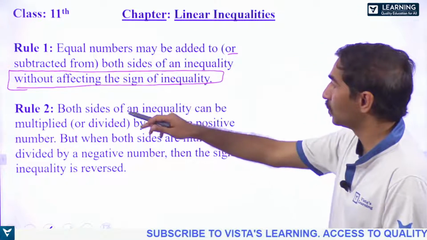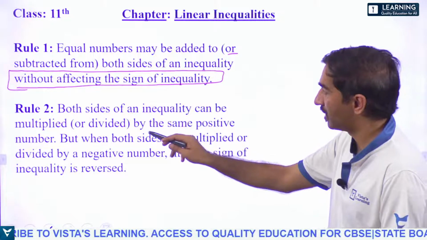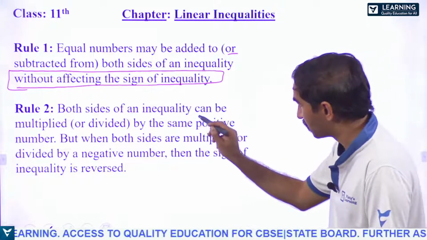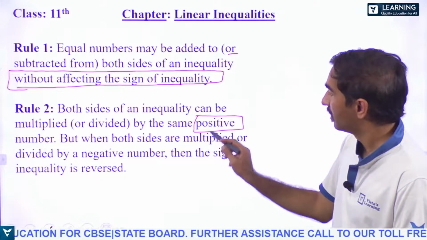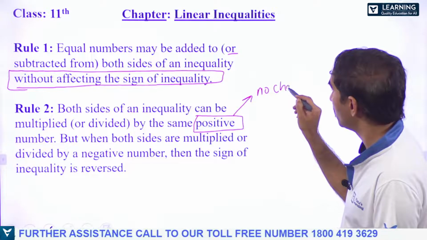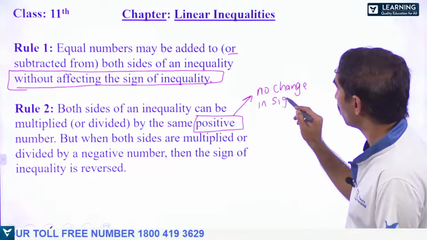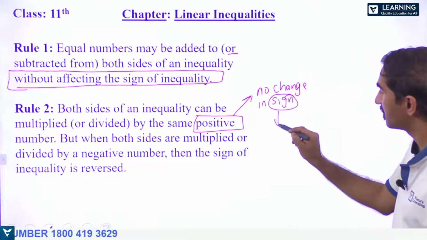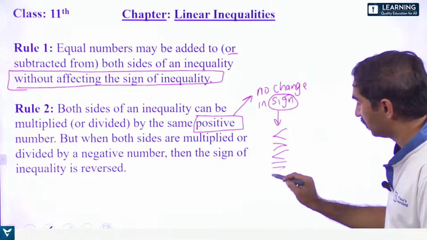Next, rule number 2: both sides of an inequality can be multiplied or divided by the same positive number. Students, point to be highlighted: positive number. Then what is happening if it is positive? No change in sign. Which sign are we talking about here? This sign is nothing but lesser than, greater than, lesser than or equal to, greater than or equal to.